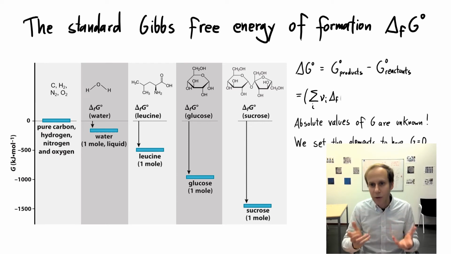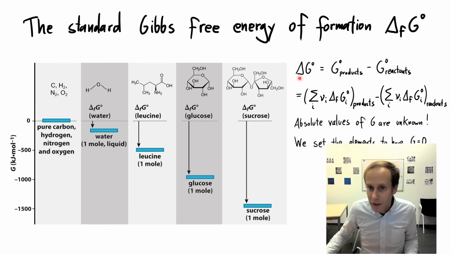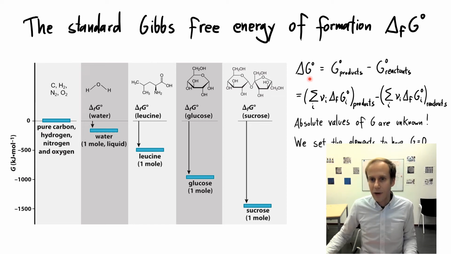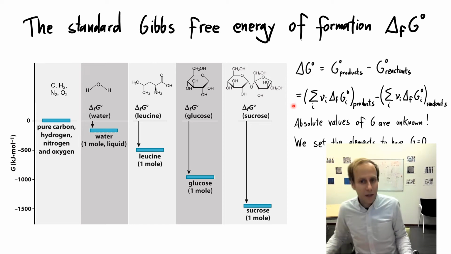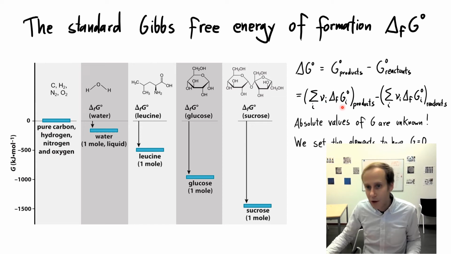And with those free energy values of formation, you can now calculate the free energy change of any chemical reaction based on the same formula that you saw on the previous slide by simply multiplying the free energy of formation with the stoichiometric coefficient for each product molecule, and then you take the sum and subtract from that the free energy of formation for each reactant molecule times its corresponding stoichiometric coefficient, right?